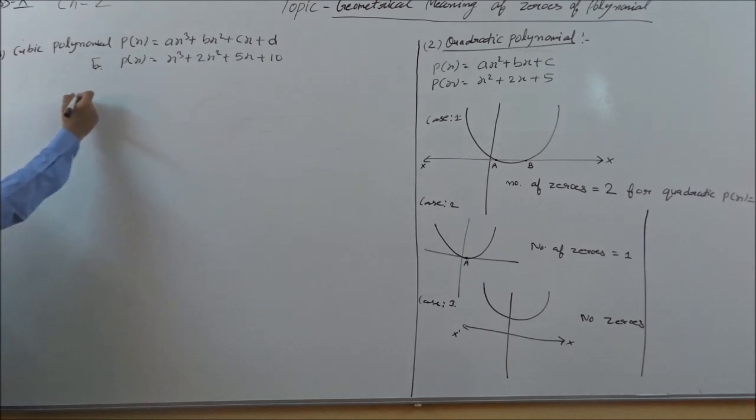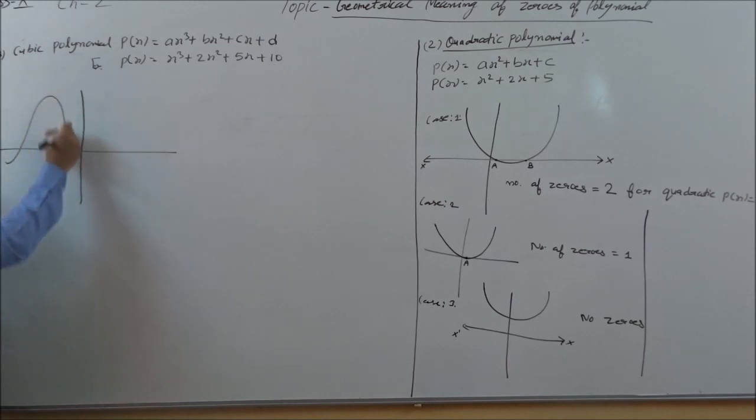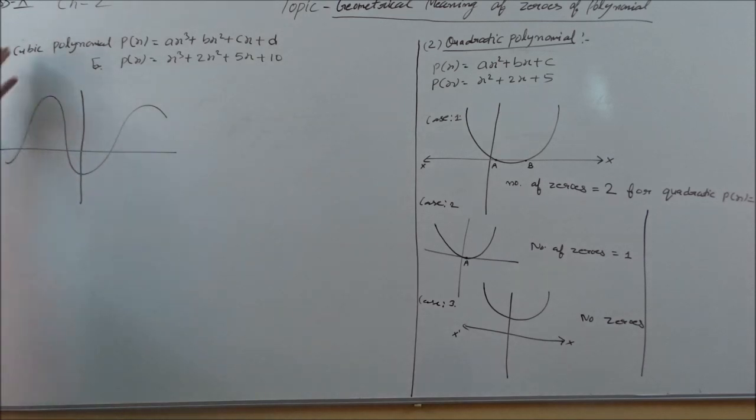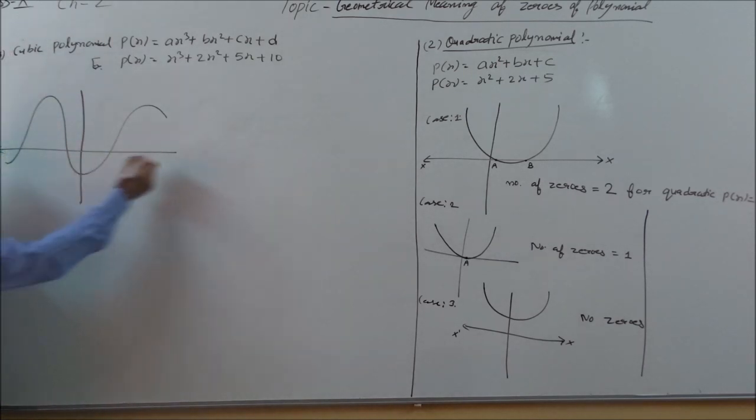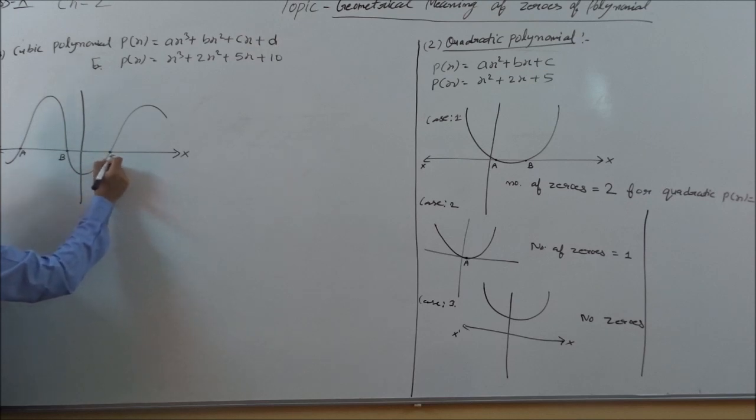So there are some cases. We will discuss the cases. The graph may be like this. So you can see here the graph of the cubic polynomial passes through how many points on the x-axis? First, 1, 2 and 3.